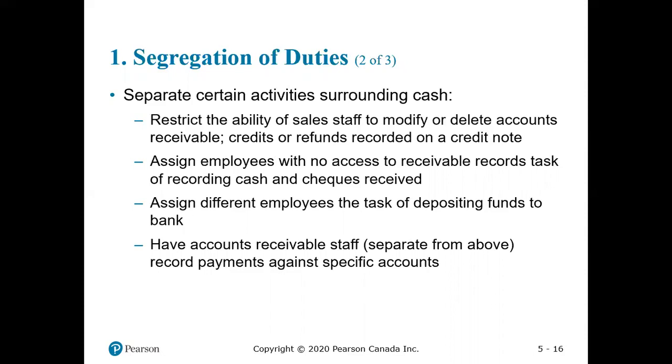If Alice also has access to the receivable records and can change them, she could pretend to give the customer a discount of $25, which would reduce the receivable to only $75. But Alice still would have collected the full $100 from the customer, so Alice could then pocket the other $25. But if Alice doesn't actually have access to the receivables module, then she wouldn't be able to do that. So that's where segregation of duties is important.